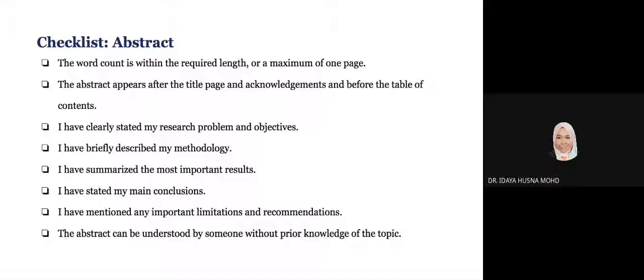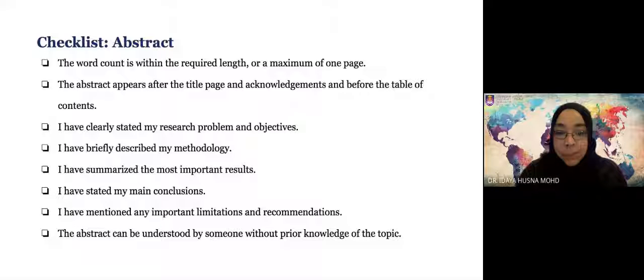I have briefly described my methodology. I have summarized the important results, and I have stated my main conclusion, and have mentioned any important limitation and recommendation. And last but not least, the abstract can be understood by someone without prior knowledge of the topic.